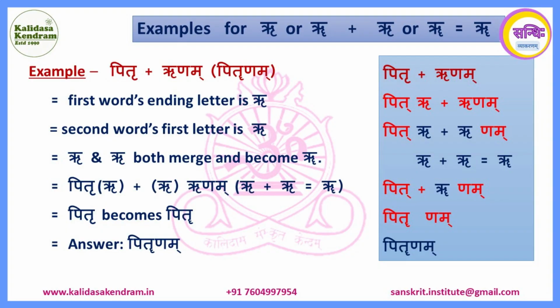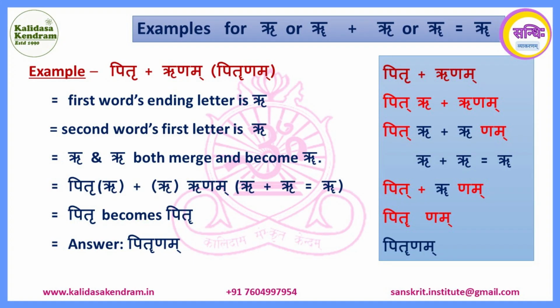Let's see one example. Pitru plus Rinam becomes Pitrinam. The first word's ending letter is ṛ. The second word's first letter is ṛ. Both short vowels ṛ merge and become ṝ, one long vowel. Pitru, the last letter is ṛ. Rinam, the first letter is ṛ. Become one long letter ṝ.